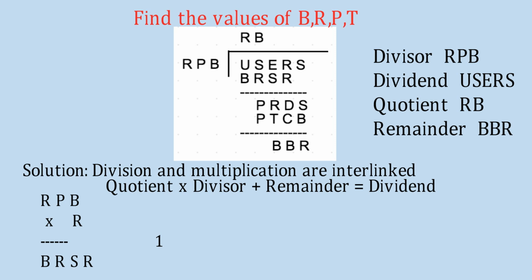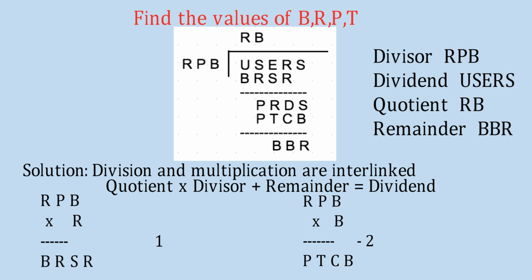So in order to solve a cryptarithmetic problem on division, it has to be converted into multiplication. How can we do that? The first step in division, just beneath USERS, is BRSR. It is obtained when the divisor gets multiplied by the quotient digit, like RPB into R gives BRSR. Similarly, in the second step, RPB multiplied by B gives PTCB.